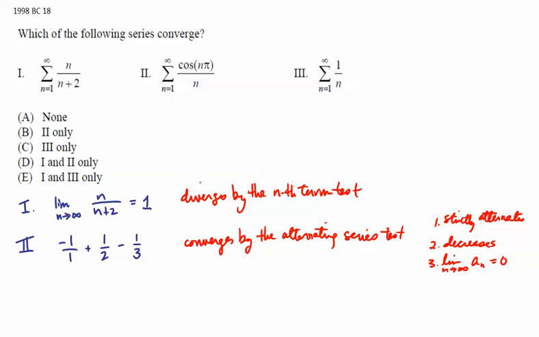The third is simply the sum from 1 to infinity of 1 over n, which is the harmonic series which we know diverges.